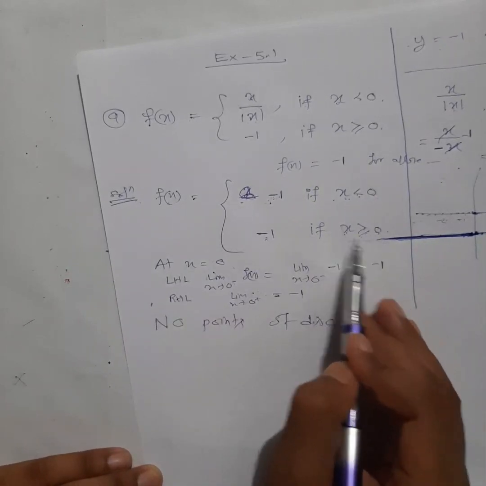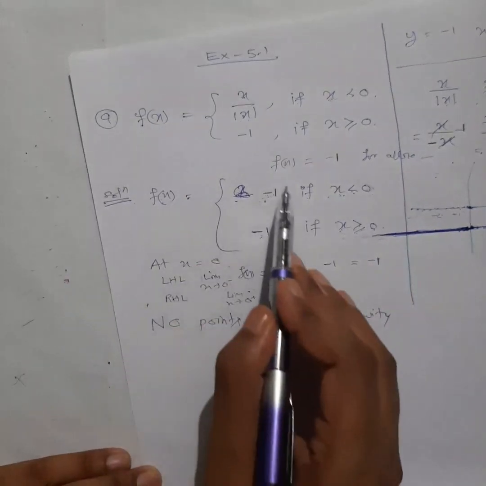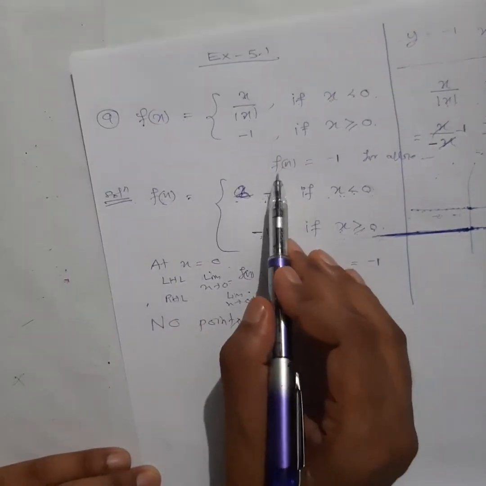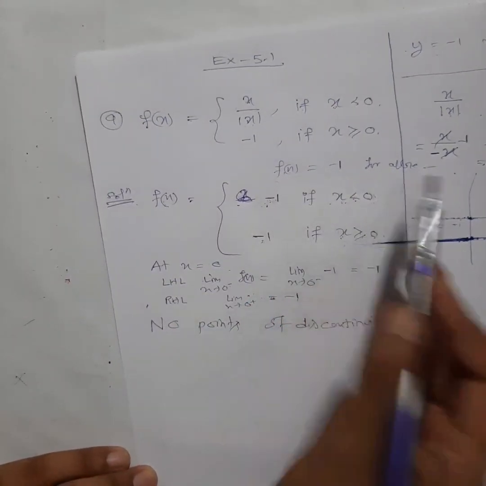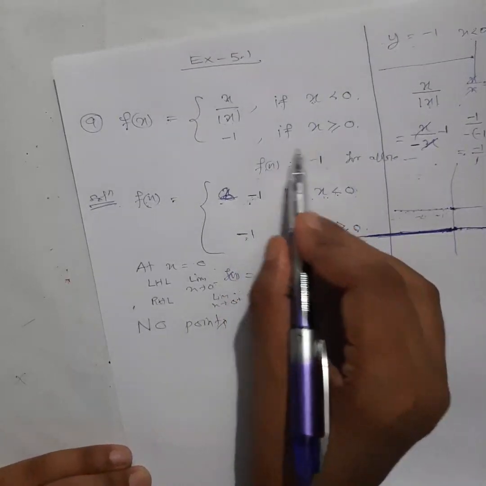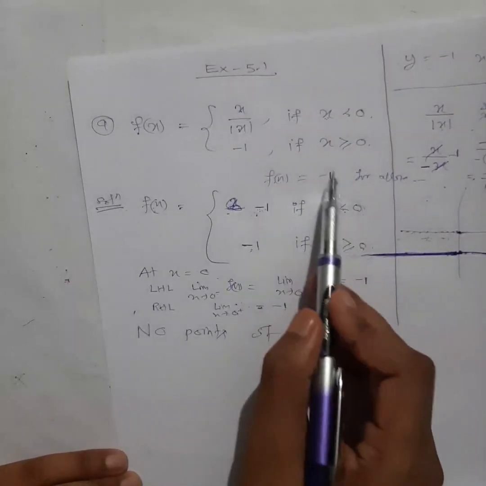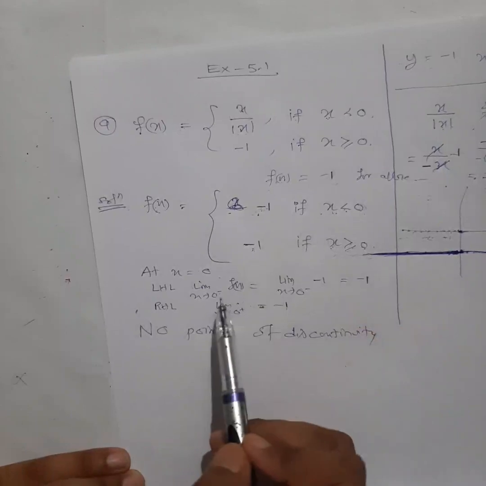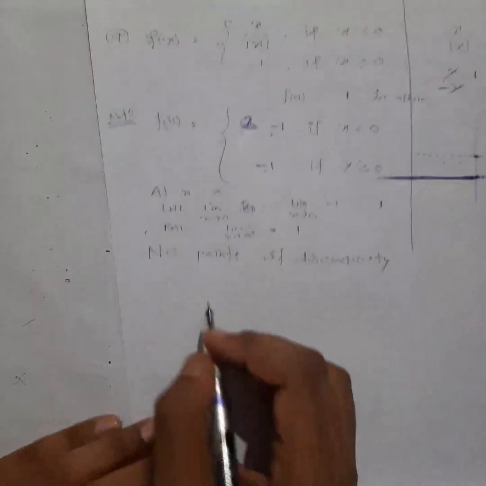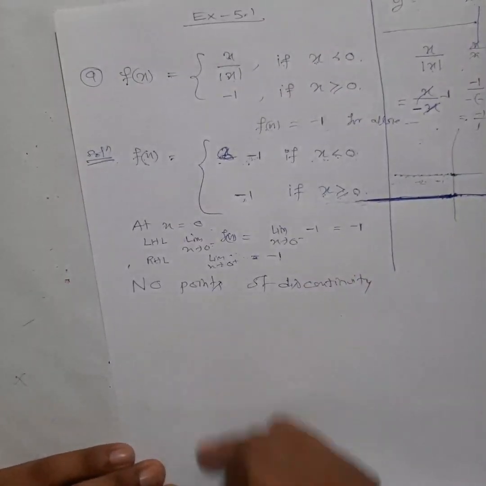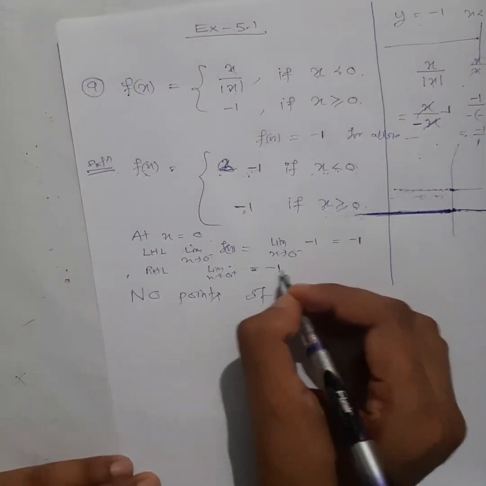Means for all real numbers, y is minus 1 only, right? So you already know what the graph is, obviously a continuous graph. So you can redefine this one. Instead of writing like this, I will show you in the next step. So this is one way, equal to minus 1.